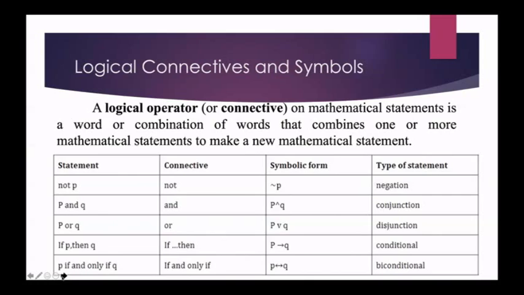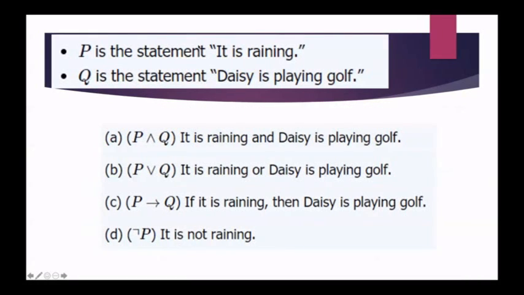Okay, let's have examples. For example, the statement P is: it is raining. The Q is: Daisy is playing golf. It's as simple as this: if you see this symbol and you know that statement P is this statement, and Q, you know the meaning is, it is raining and Daisy is playing golf. Because the symbol for and, remember, is a connective, or what's the other term?